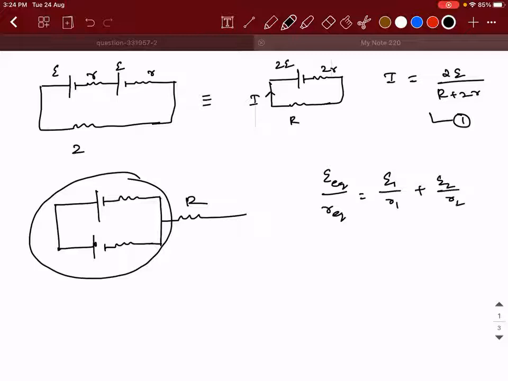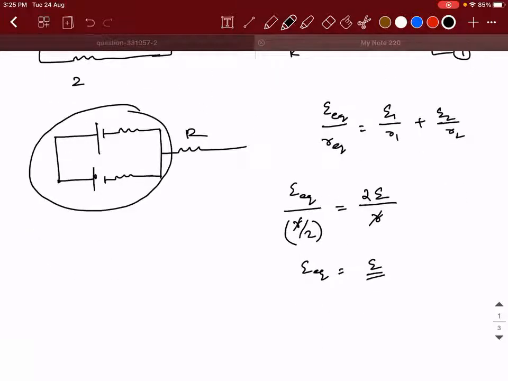Do you guys remember this formula? R equivalent will be R by 2. So E equivalent divided by R by 2 is E by R plus E by R, so it will be 2E divided by R. This and this will get cancelled. So E equivalent is going to be equal to E only. So the new circuit is going to be in this way.